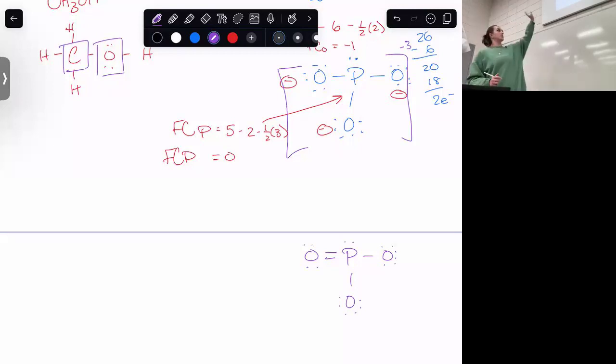If we drew this resonance structure for it, we can see that the formal charge for the 2 oxygens on the bottom and on the right are going to be -1 still.